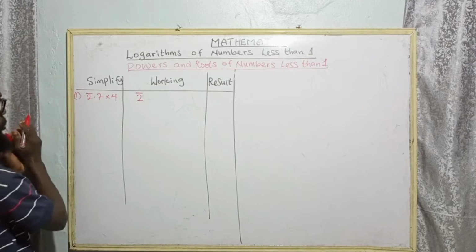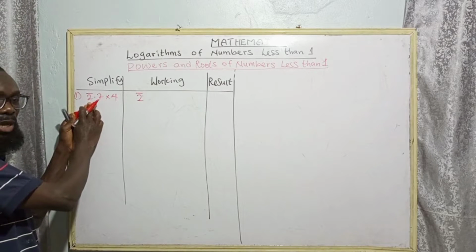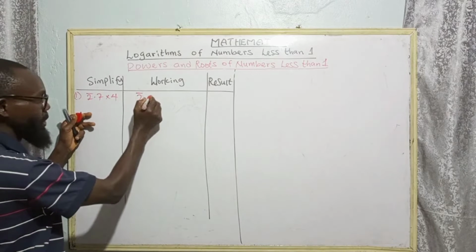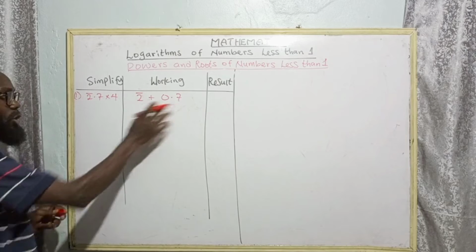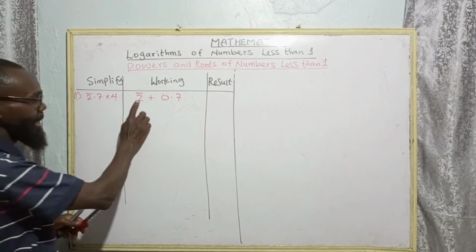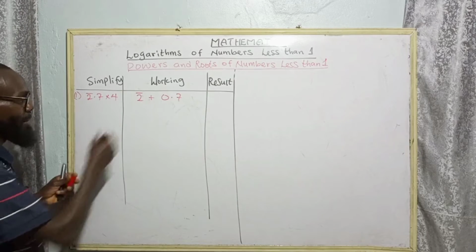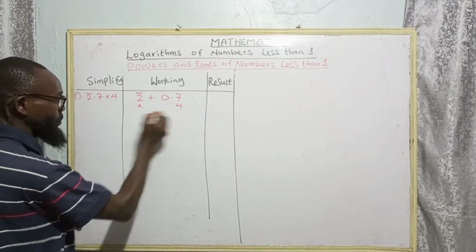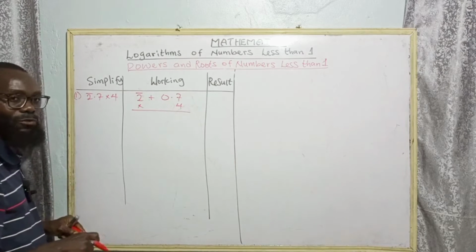When you remove bar 2, nothing will be there again. We call it 0. Bar 2 plus 0.7 is actually the same thing as bar 2.7. That is minus 2 plus 0. We are going to have minus 2. That is bar 2. Then multiply by 4. Here we have 4 multiplied by 7. We have 28.